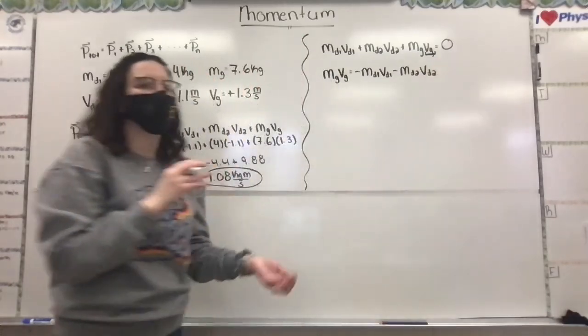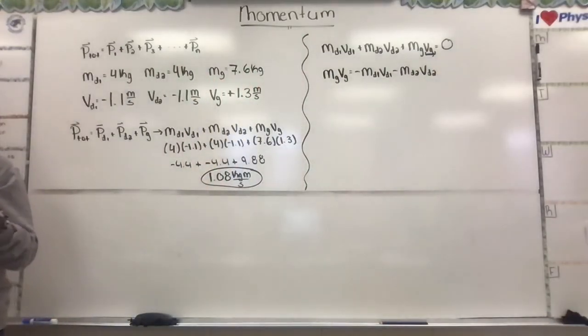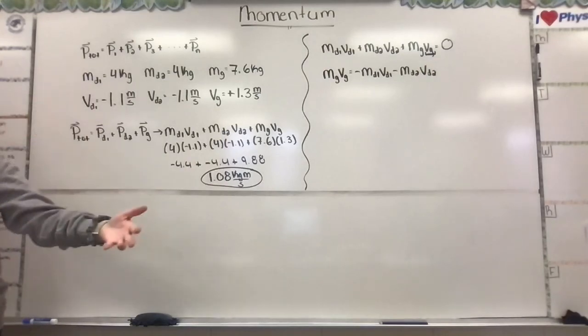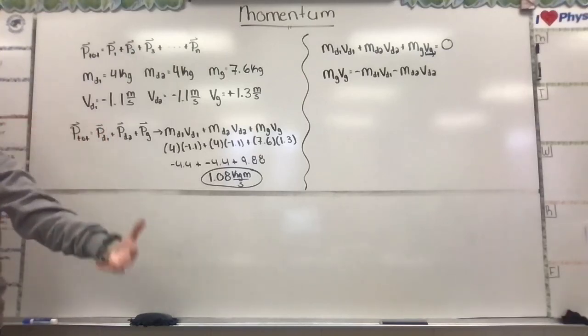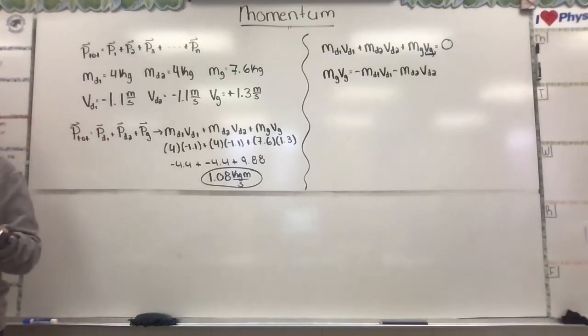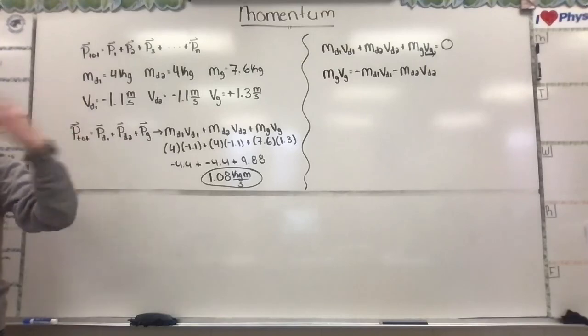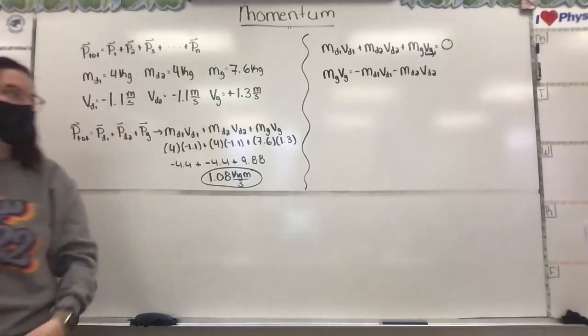So this is like the rearranging we've been doing the whole time, you guys. If it's getting added and we want to get it over to the other side, we subtract it. If it's getting subtracted and we want it on the other side, we add it. If it's getting multiplied, what do we do to get rid of it? Divide. If it's getting divided, we multiply, okay?